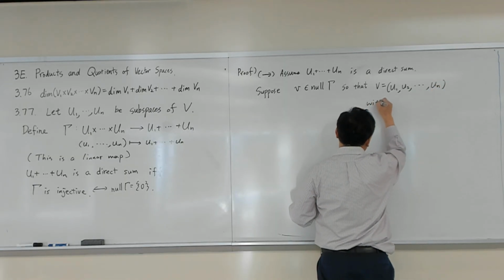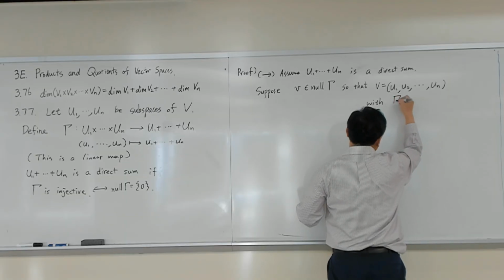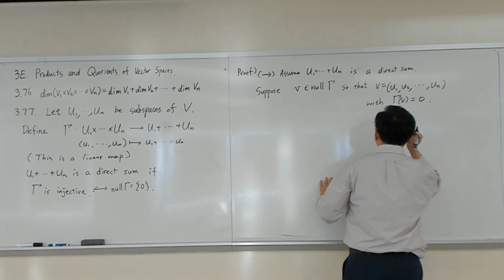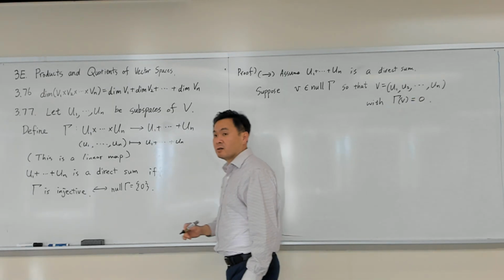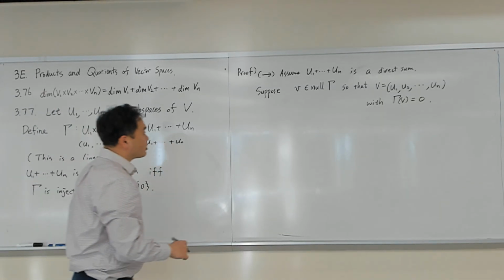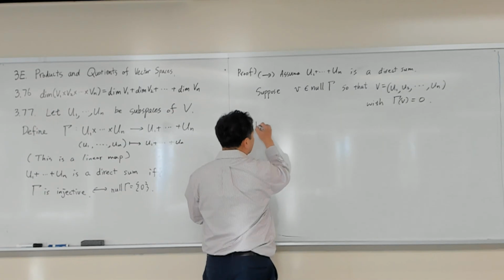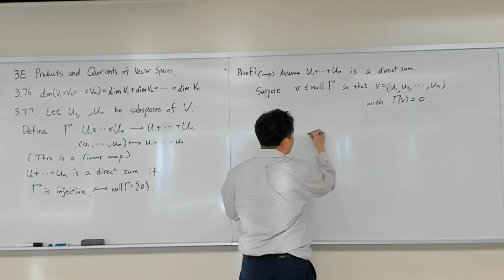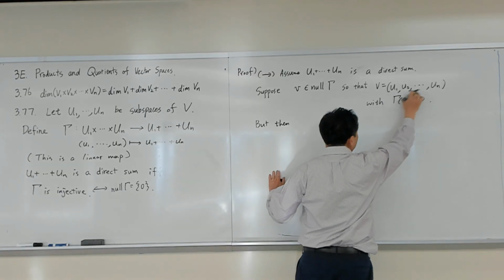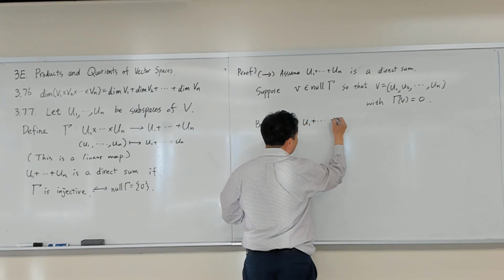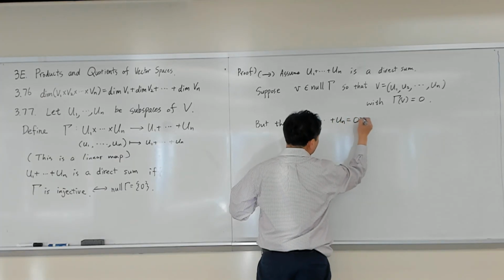With gamma of v equal to 0. But then, if you investigate this further, what does gamma of this do? It just simply adds them up, right?